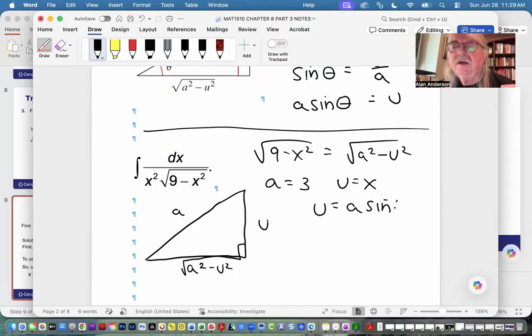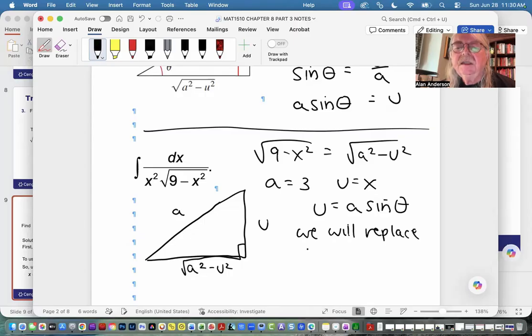So, in other words, we're changing the variable that we're using when we use this procedure. We will replace the x's with equivalent functions of theta.